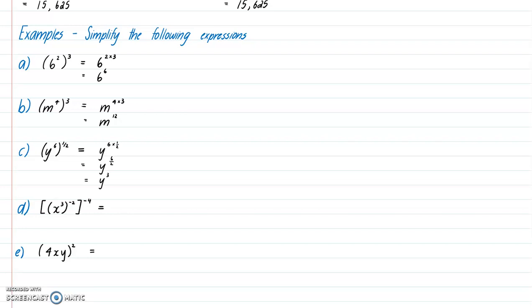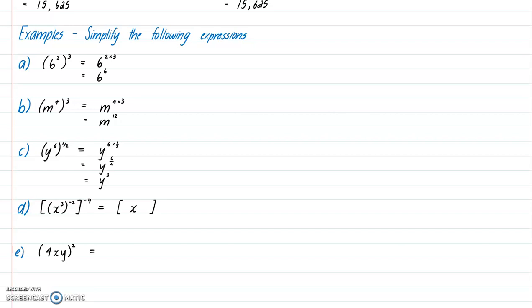Alright, D also looks a little bit strange. We're still going to follow the same process that we usually would. Let's start with the innermost brackets and work our way out. So I'm going to leave my square brackets there, and I'm going to simplify what's inside. So x cubed in brackets to the power of -2, we multiply our exponents. 3 times -2 is -6.